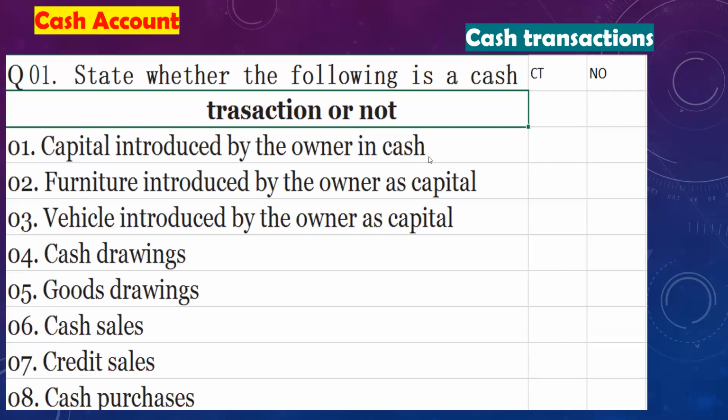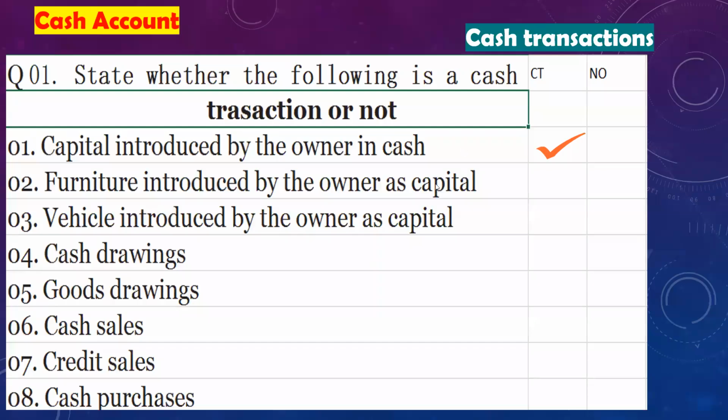An owner introducing capital in cash. That means owner brought cash to business. So there is a movement in cash, right? Therefore, it is a cash transaction. Can you understand? Hands up those who understood. So when owner introduces cash, we are inside the business.